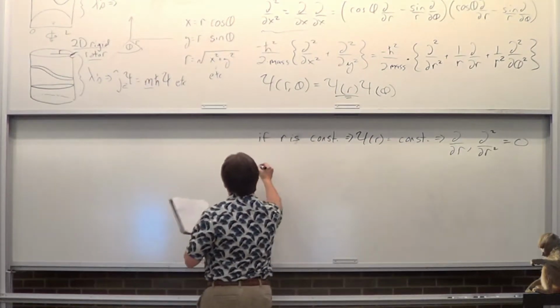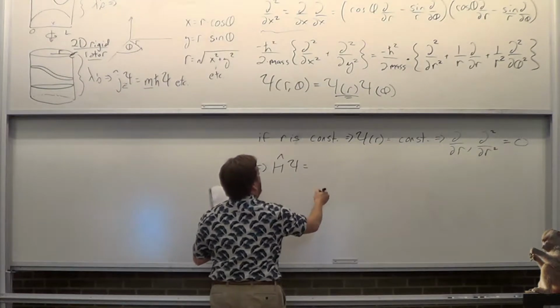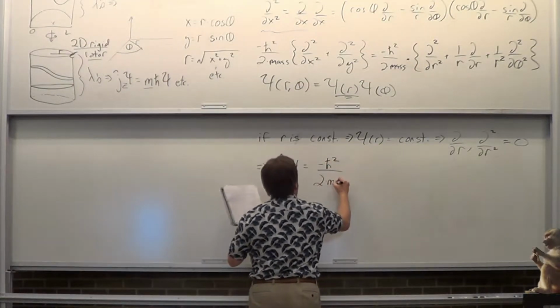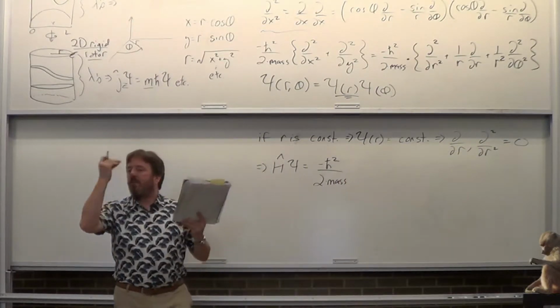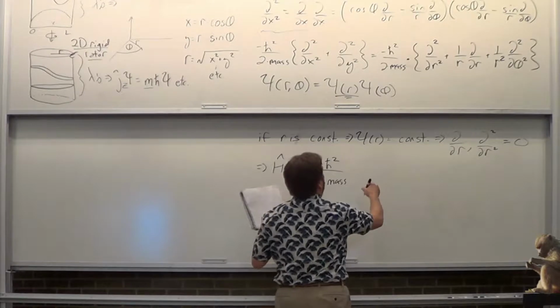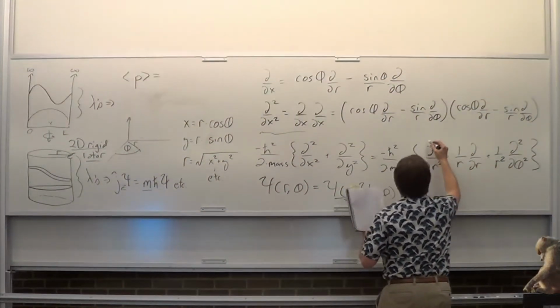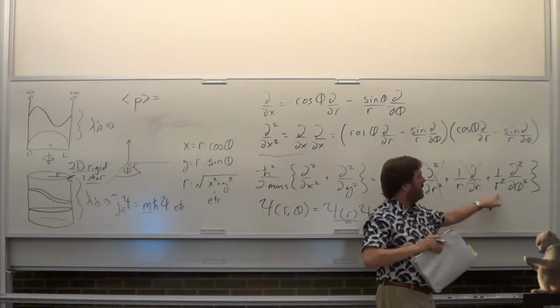Okay, so therefore, the Hamiltonian on the wave function is now minus h bar squared over 2 times the mass. Now you know that's about to turn into the moment of inertia. What about that one?